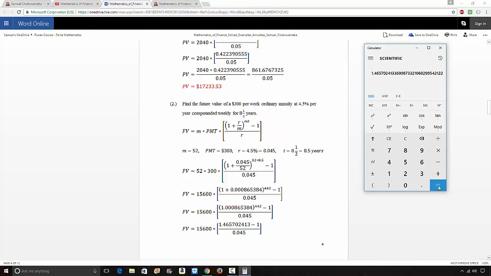Now if you want, you can write 442 on your paper and raise it to exponent 442. And then this is what it gives me, and I do minus 1 equal to.